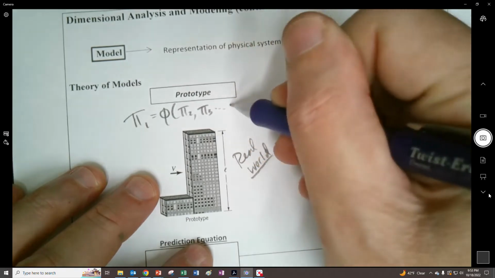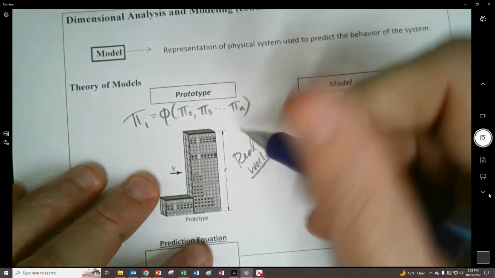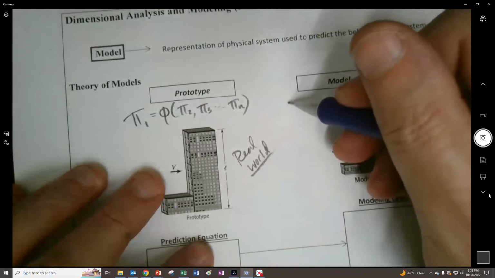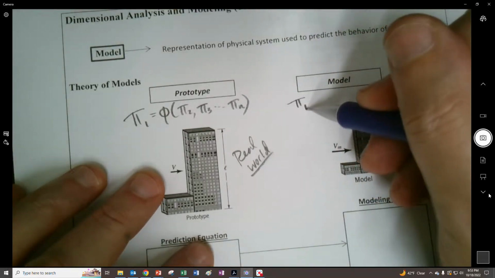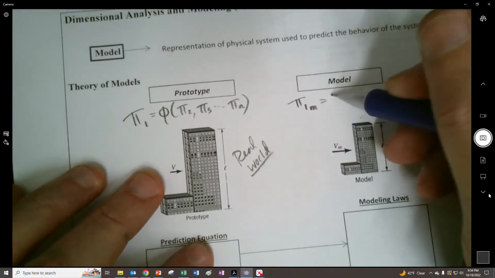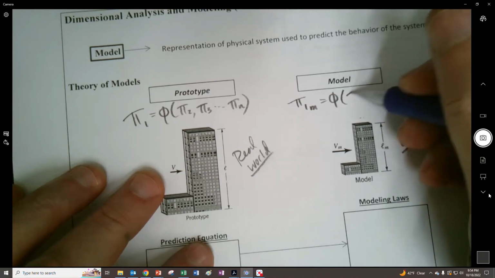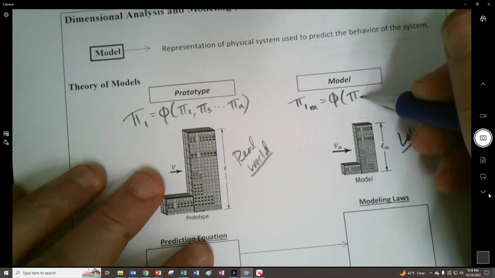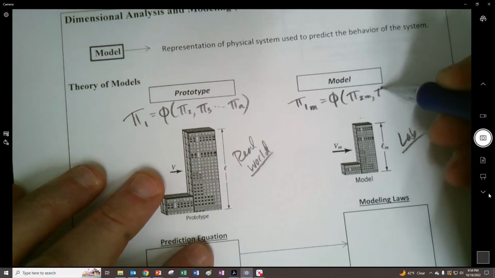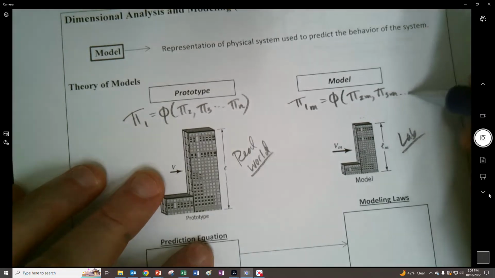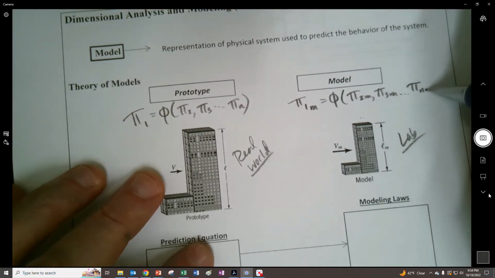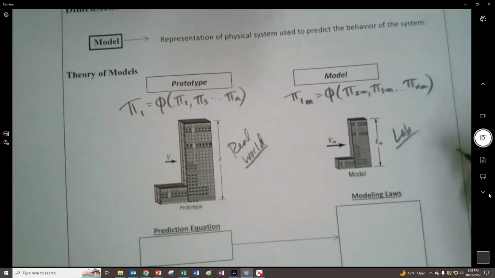There could be a lot of them. Let's say that there's n of these pi terms. Over here for the model, we'll give them a subscript m and say they have all the same pi terms, dot, dot, dot, and there'll be n of these.